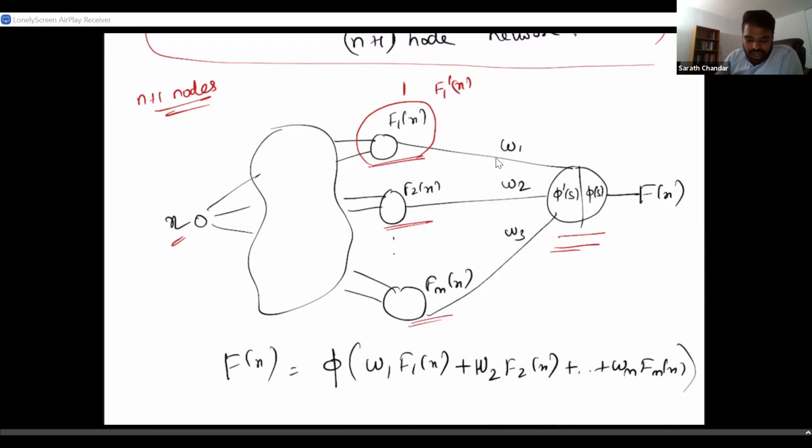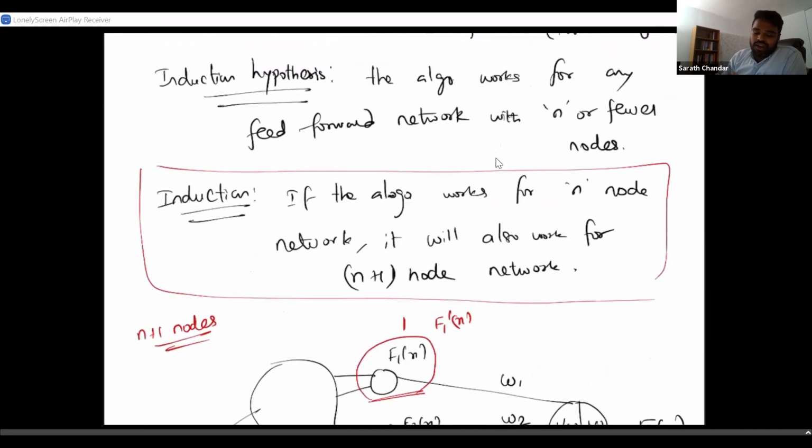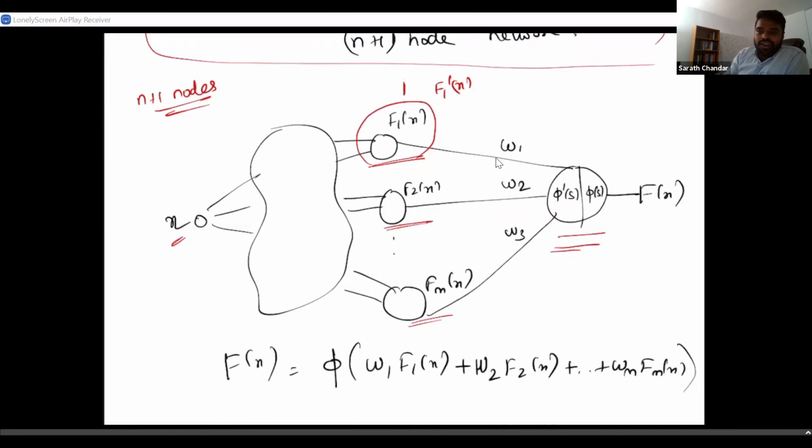I don't know what is inside this black box, but since it has at most n nodes, and we already assumed that if there are n nodes, backpropagation works, I can easily find f1 dash of x. Similarly, the same argument goes for f2 dash of x, and I can correctly find fm dash of x.